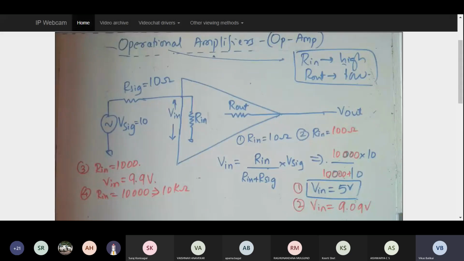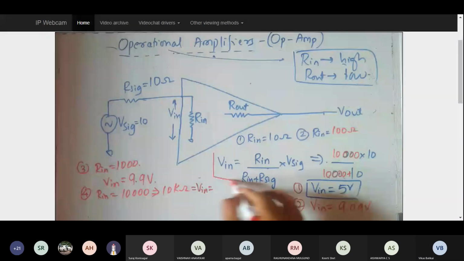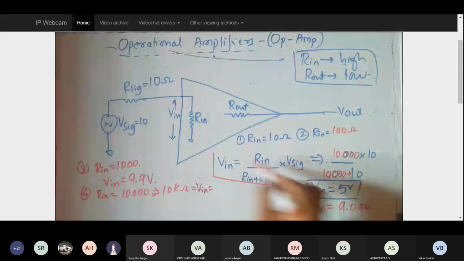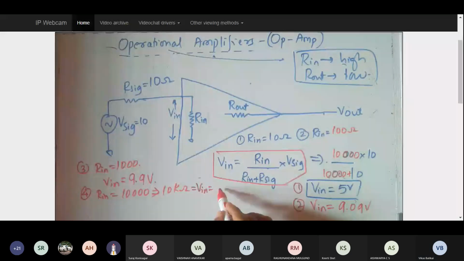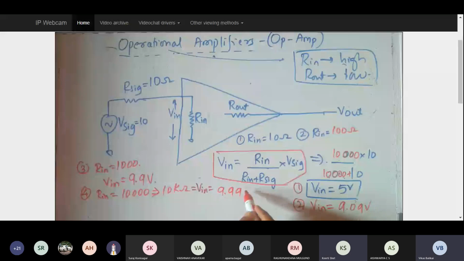What will be my Vin value now? 9.99 volt. It is even better than the previous one.